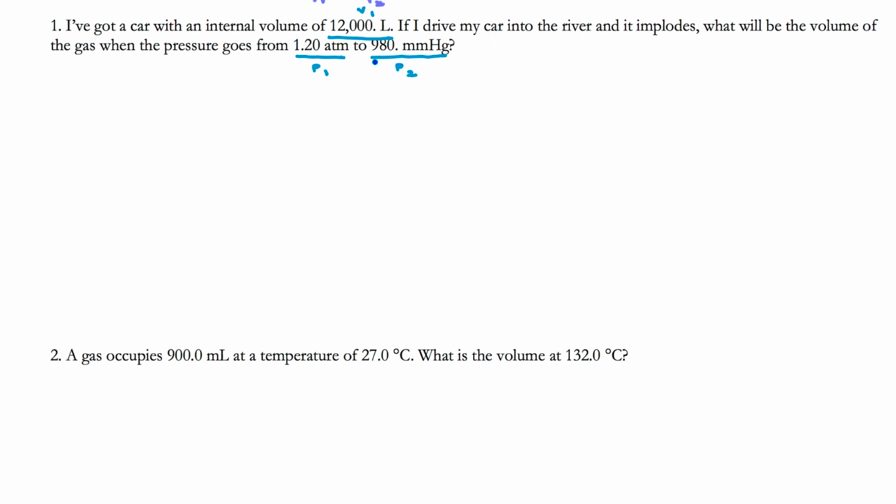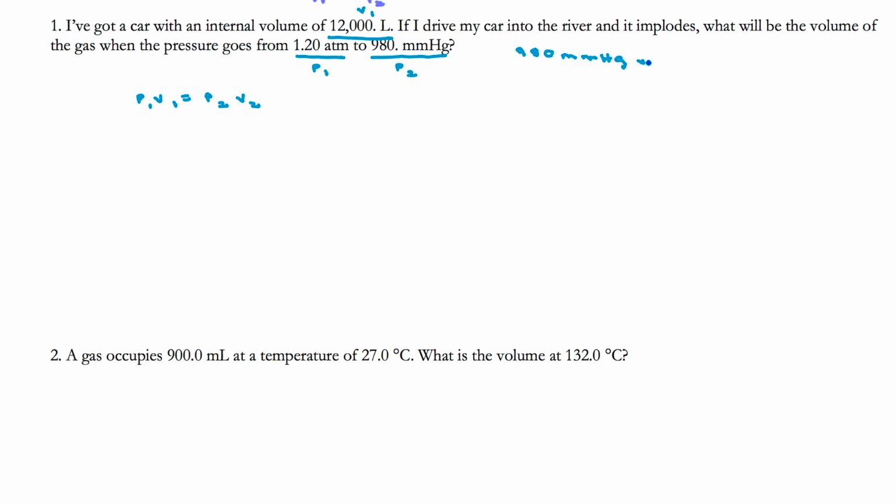Now keep in mind, when I'm using my equation, P1 V1 equals P2 V2, it doesn't matter what the units for pressure and volume are, as long as they are the same on both sides. So right now the pressures are not the same, so I need to convert one of them into the other. So I'm going to convert 980 millimeters of mercury into atmospheres.